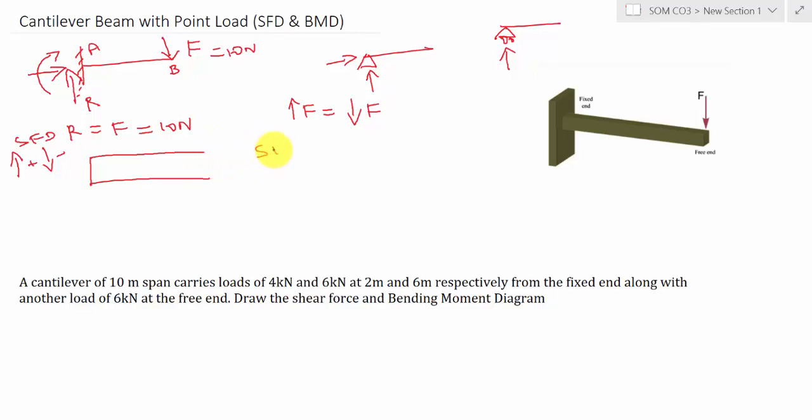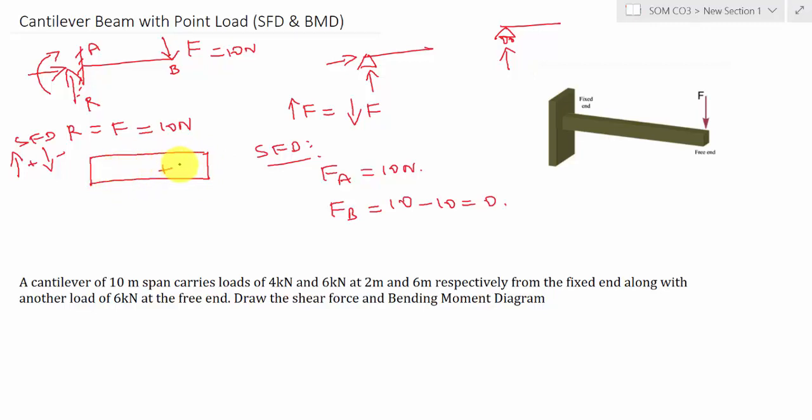For the shear force calculation, at point A, FA is the force acting in the upward direction, that is 10 Newton. Then at point B, FB, we already have a shear force of 10 Newton and the next load is acting in the downward direction, so it is 10 minus 10, which is equal to 0.